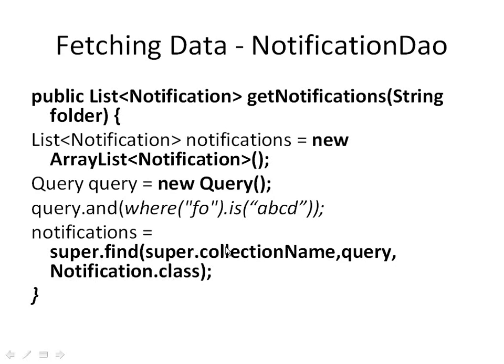It is executing that query, getting the results in JSON format, and that JSON is mapped to notification.class. While inserting a Java object, it converts that Java object into a JSON, and while fetching the data, it converts the JSON to a Java object. That automatic mapping conversion is done by Spring.